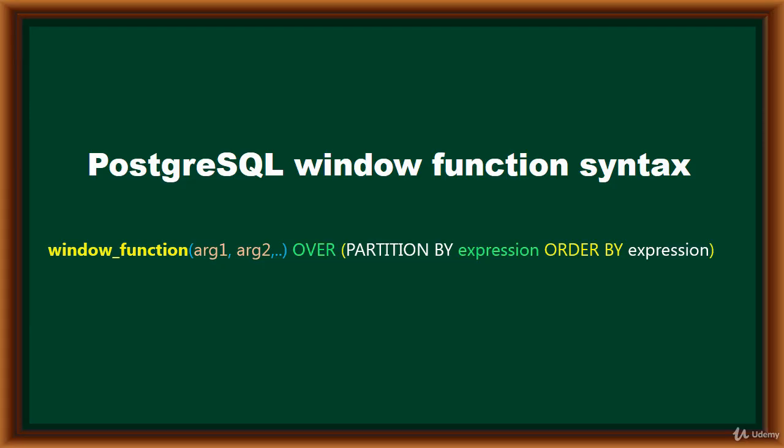Because there are window functions such as first_value and last_value and so on. So if you have window functions like that, then the order by is important in the expression.